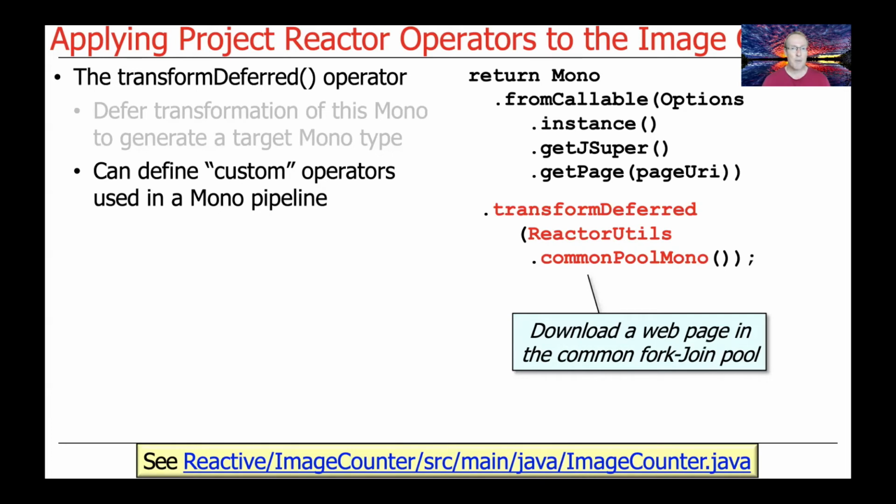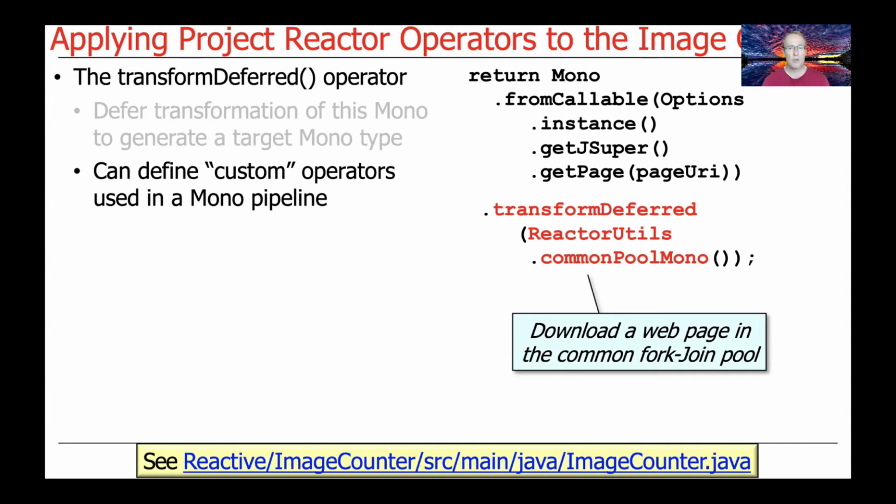The purpose of this operator, the transformDeferred, is to define custom operators that can be used in a Mono pipeline or a chain of Mono calls. So here's an example we'll also take a look at later. This method is used to get the HTML contents at a given URI, and it's going to do it in a background thread coming from the common fork join pool.